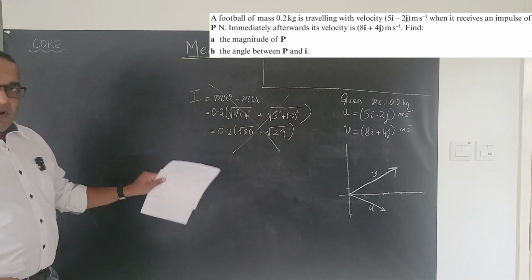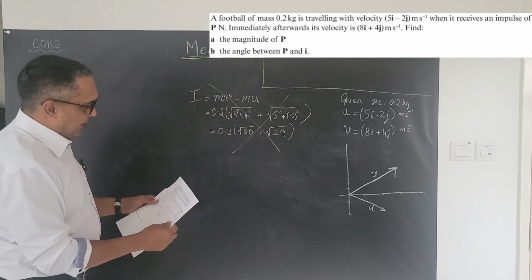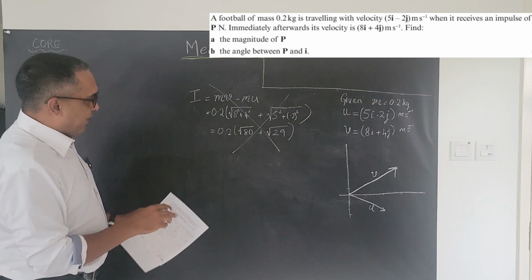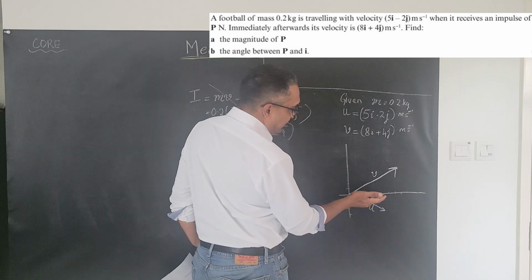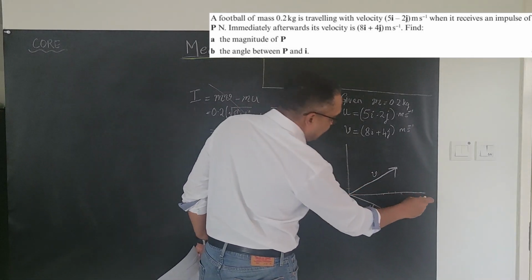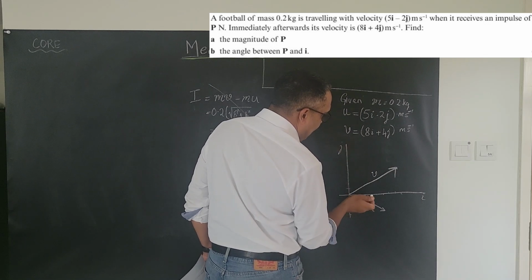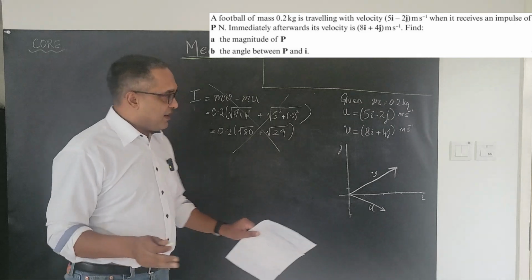And that is why it's important to stop and read the whole question. The whole question is talking about, hey, I also need to find the angle of the impulse with respect to I. This is I, and this is J, which means right away it tells you you're dealing with vectors, right?